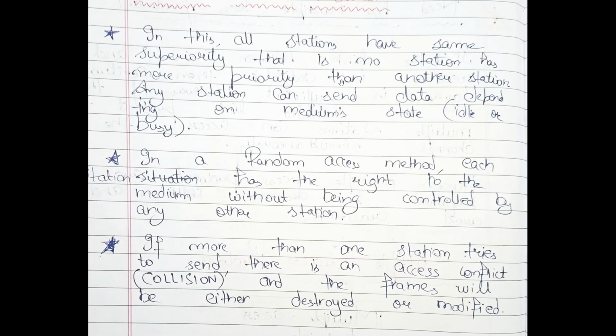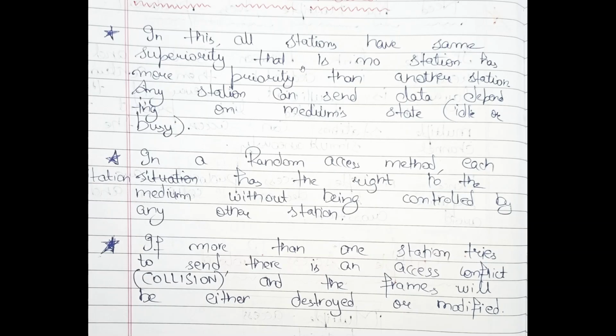Okay, coming on to the statements, in this all stations have same superiority, that is, no station has more priority than another station. Any station can send data depending on the medium's state, that is idle or busy. Of course, if the medium is already busy, no computer is going to send the data.